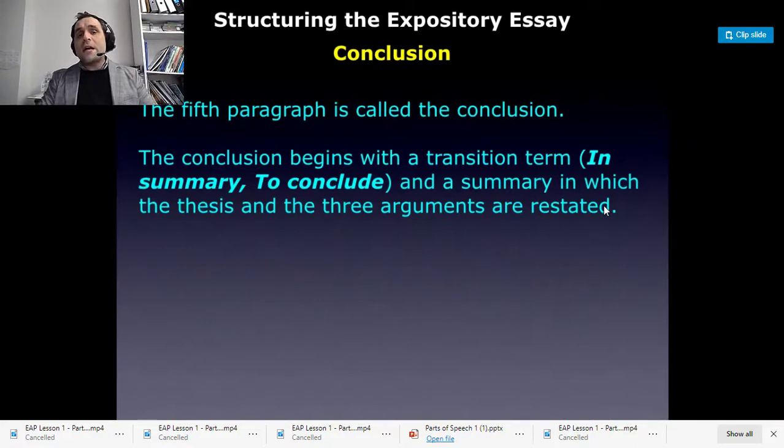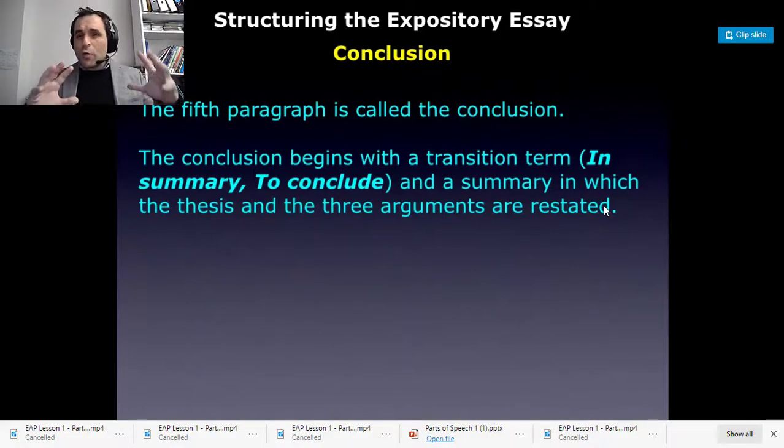We call that transition term. So in summary, to conclude, and then so we do that, and then we summarize the thesis statement and we summarize the 3 arguments of the essay in an interesting way.